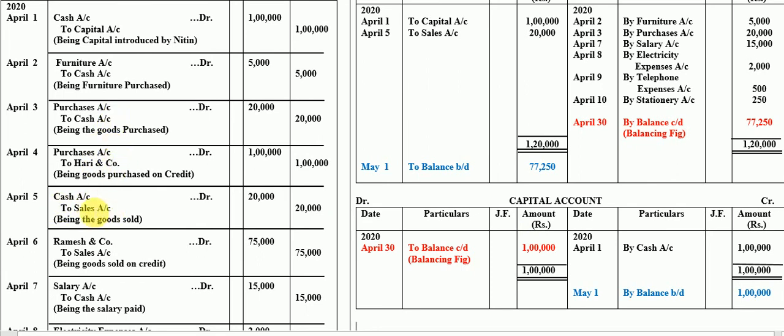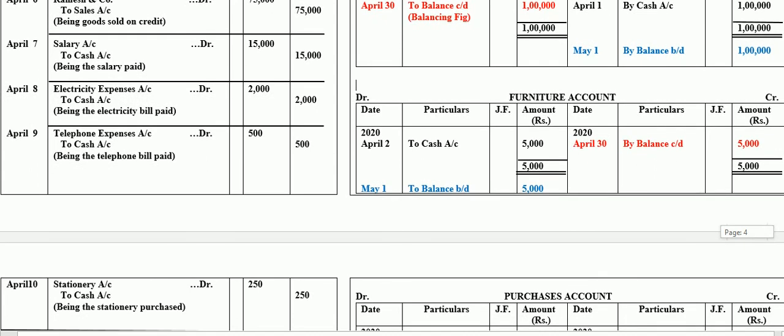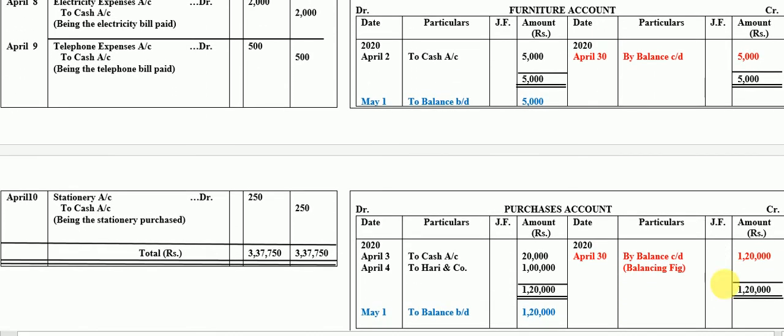On April 5th also there is no purchase, April 6th there is also no purchase over here, April 7th, April 8th, April 9th and April 10th there are no purchases. That's why we close this account by summing the debit and credit sides.